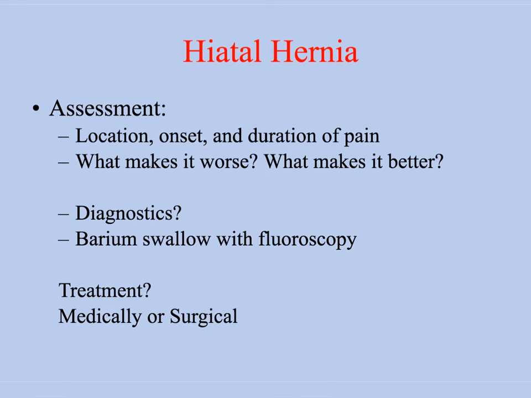Can you imagine, just talking about that stomach protruding up through the esophagus, it can cause some of the similar symptoms like that pressure in your chest as a cardiac problem might do. So we always have to rule that out. Once we rule out it's cardiac, then we will investigate further that it could be a GI problem. So a very extensive history is important in helping us differentiate if it's a hiatal hernia or not.